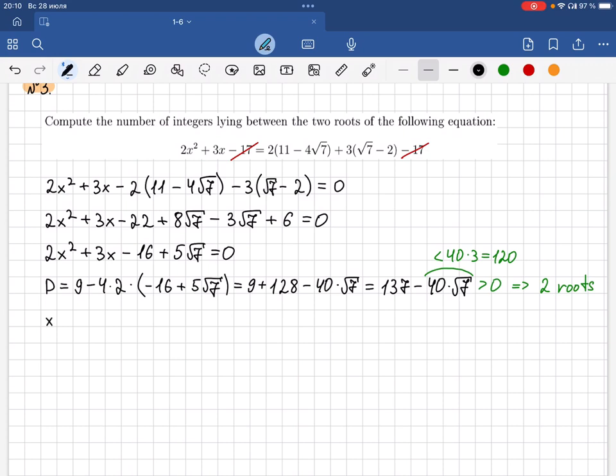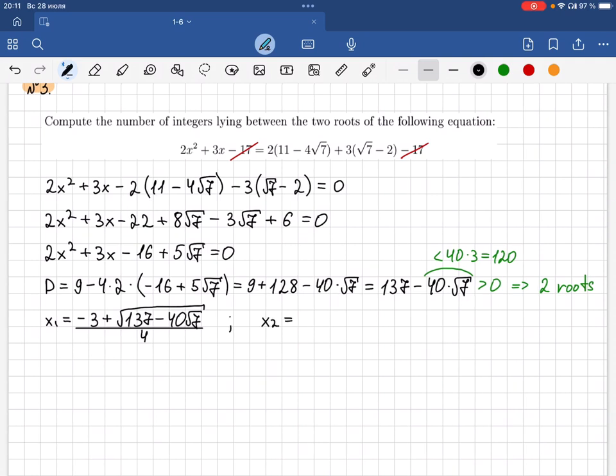Okay, and our roots are, the first one is minus 3 plus the square root of our discriminant, 137 minus 40 square root of 7. And we also have to divide it by 2 multiplied by 2, so we have to divide it by 4.